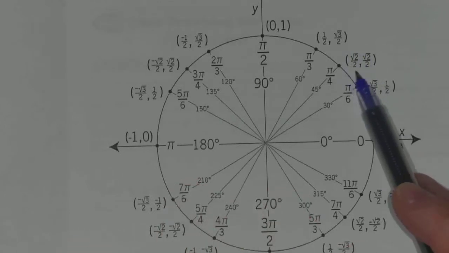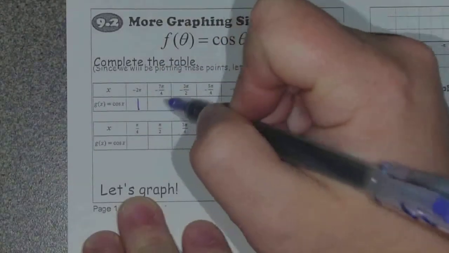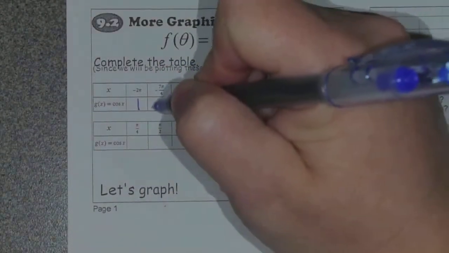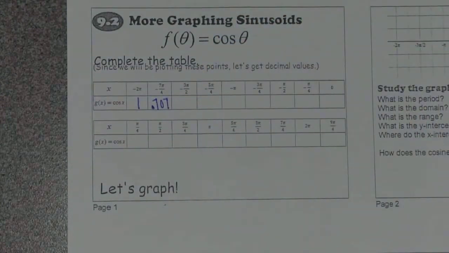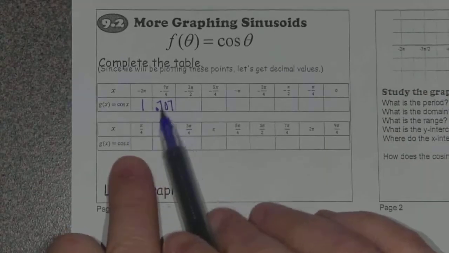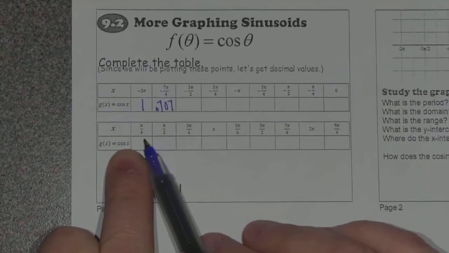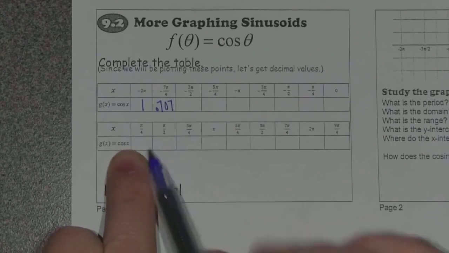Does anybody remember what the square root of 2 over 2 is? 0.707. So it's 0.707 for that value. Are you okay if down here on pi fourths we put 0.707 because we just used that value to find that?